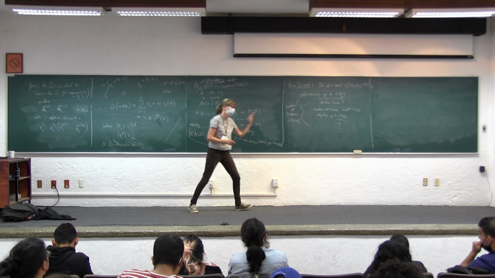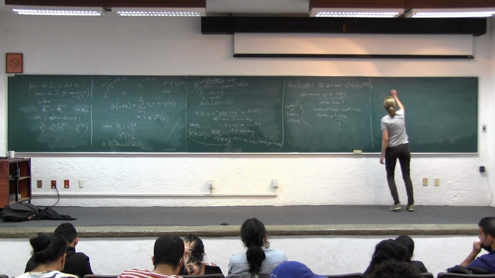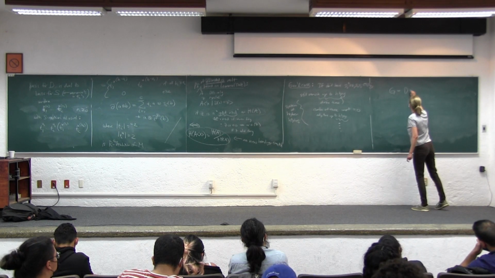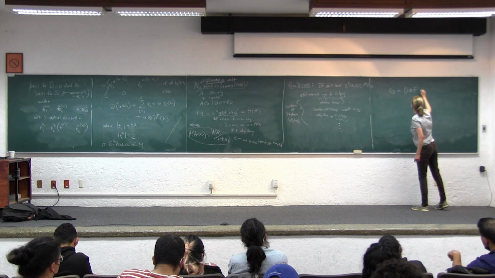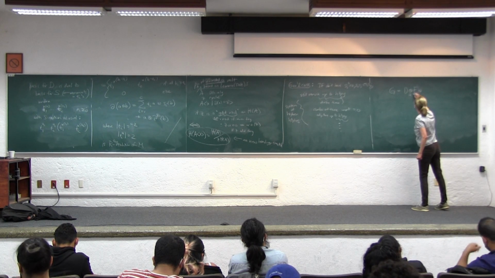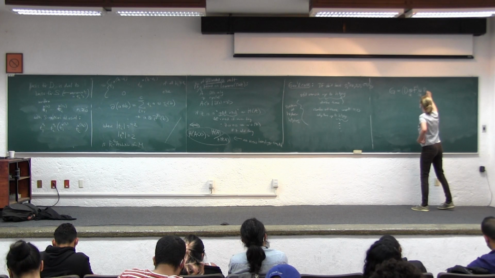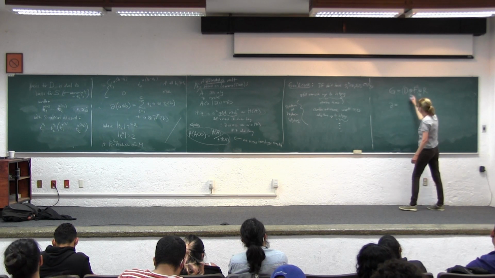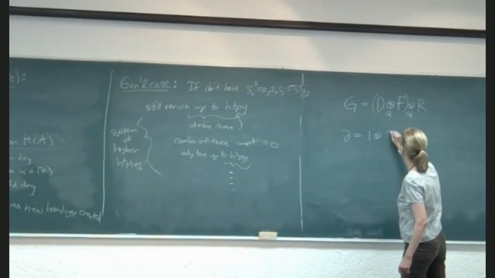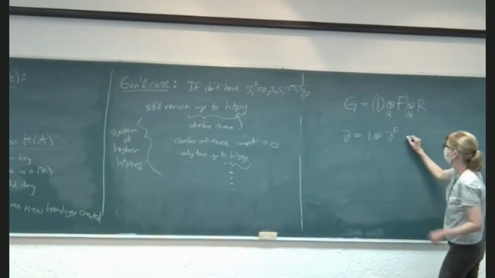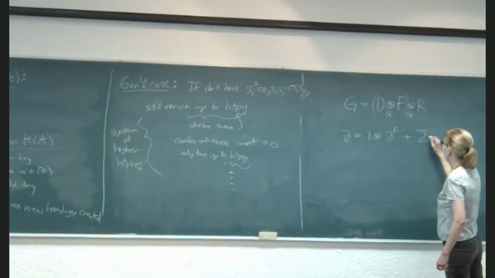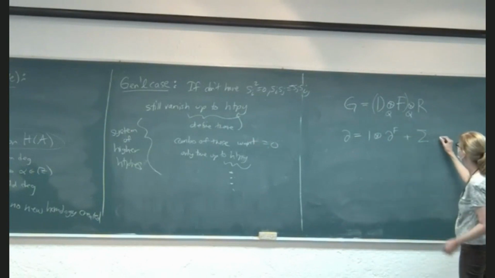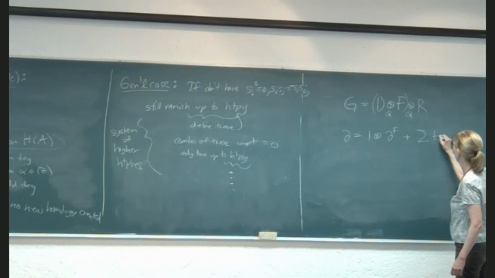Okay, so if you do this, you can still put together the same complex G, so it still looks like D tensor F, and then tensor down to R. You're done, so make it free R modules, but the differential is worse. The differential still has the 1 tensor of the differential of F, and it still has the first set of homotopies, the S_i, so you multiply by T_i.